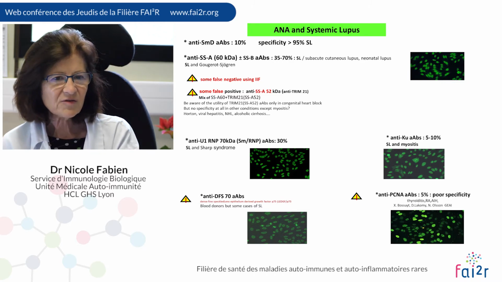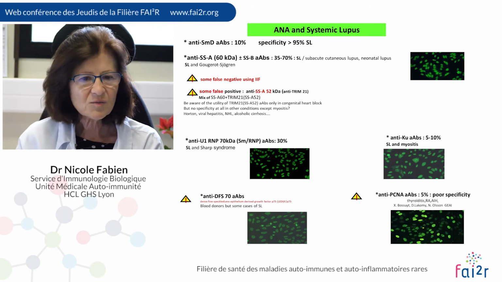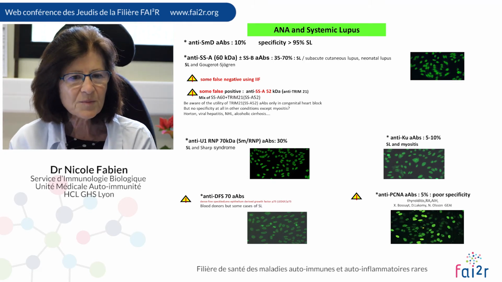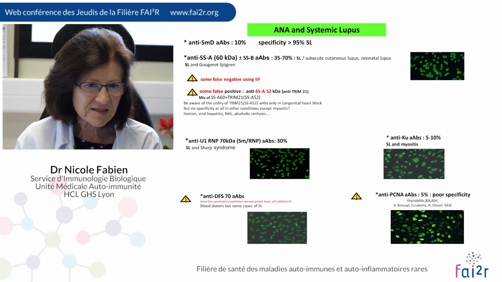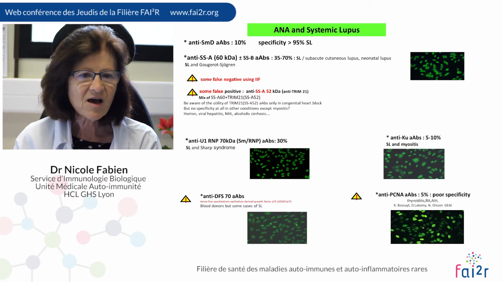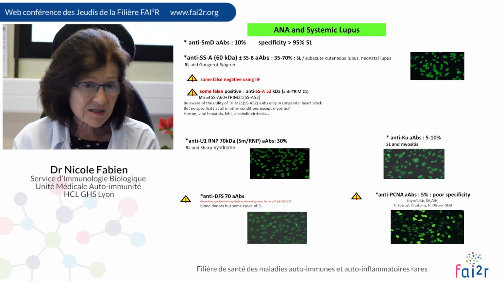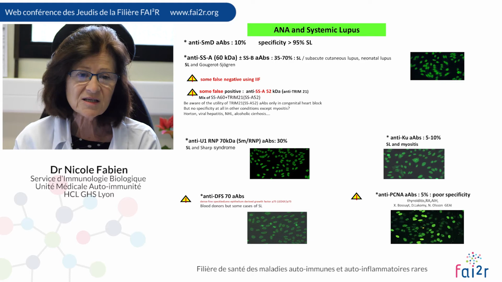And the second pitfall is that sometimes when the lab uses a mixture of anti-SSA 60 kDa and anti-52 kDa, it could result in a positive anti-SSA, but only 52. So be aware that there is no interest in antibodies against 52 kDa.